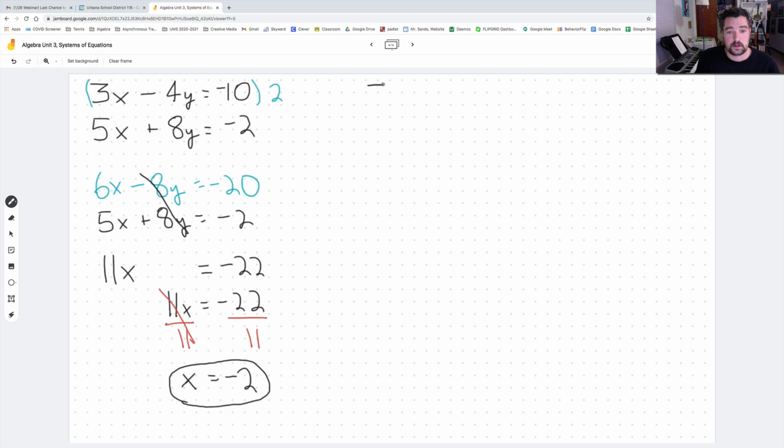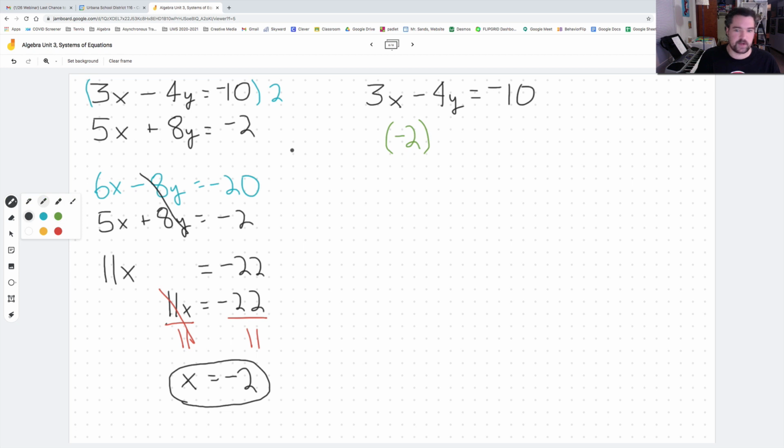So let's start out. 3x, make sure I copy it down right, 3x minus 4y, using the original, equals negative 10. It's a color we haven't used yet. We'll use green. So x is now a negative 2.